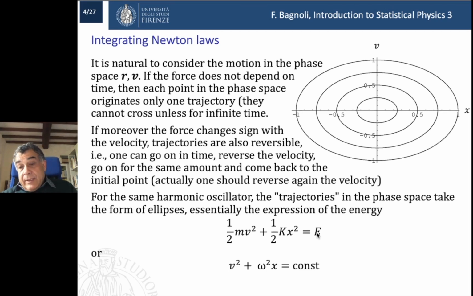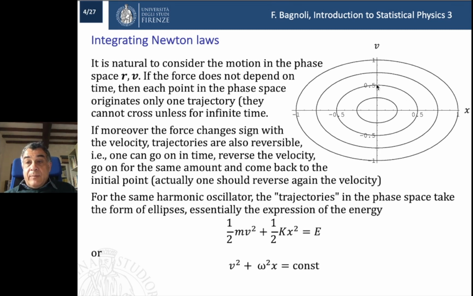And actually, if we derive this expression with respect to time, we get back the Newton law. And so, transforming the system, we have just this expression for the phase space. So phase space is partitioned into ellipses. The motion is conservative, and clearly the ellipses are followed in this way.